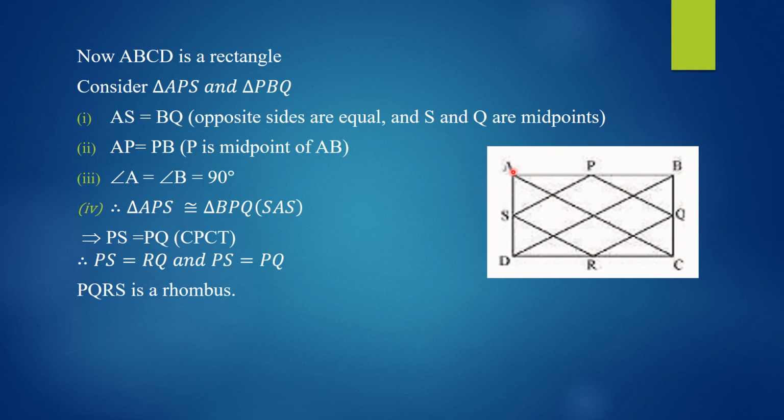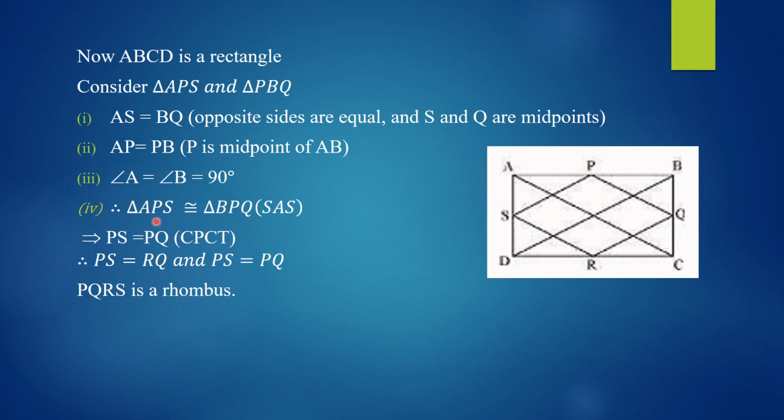Second condition, AP is equal to PB since P is the midpoint of AB. Now we can write angle A is equal to angle B equal to 90 degrees since ABCD is a rectangle. Therefore, triangle APS is congruent to triangle BPQ using the SAS criterion.